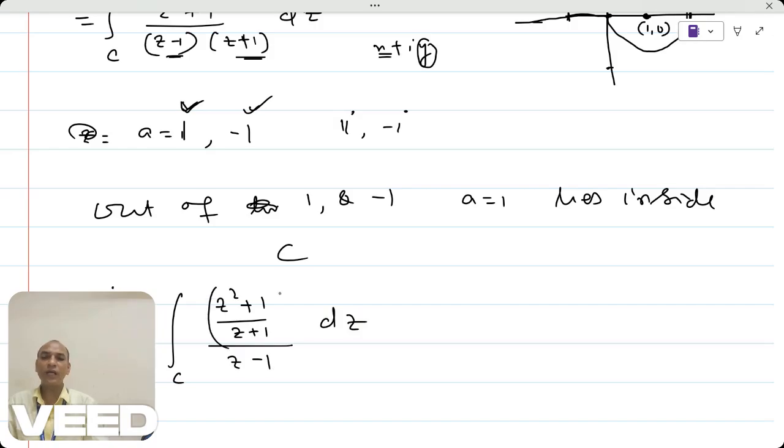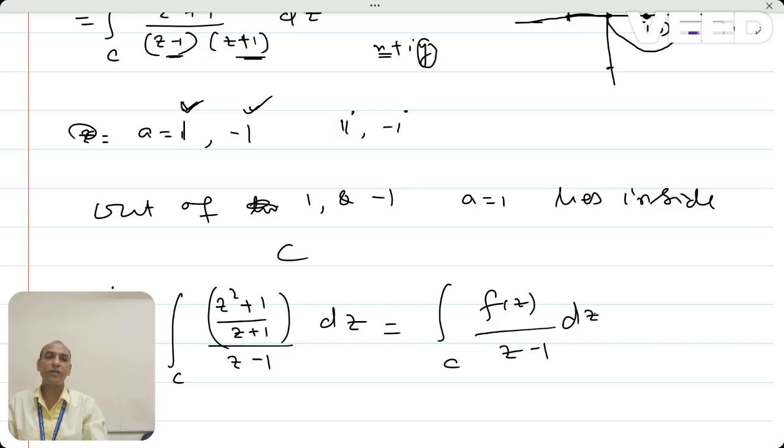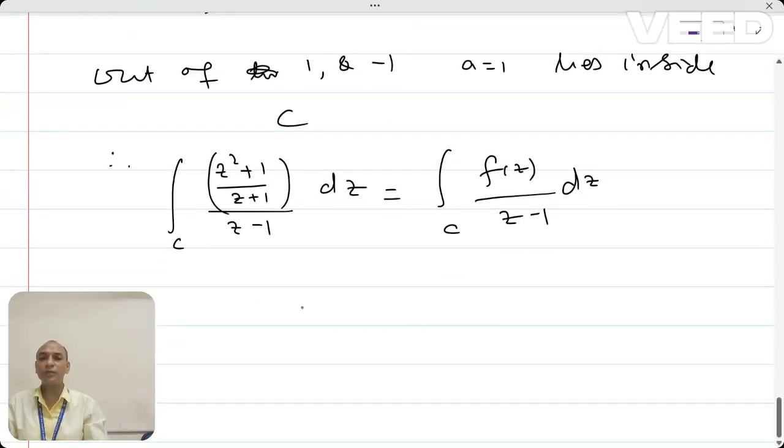Now can you tell me what f of z is? This is equivalent to integration over C of f(z) divided by (z minus 1) dz. Comparing, we have z equal to a, and f(z) is nothing but (z square plus 1) divided by (z plus 1).